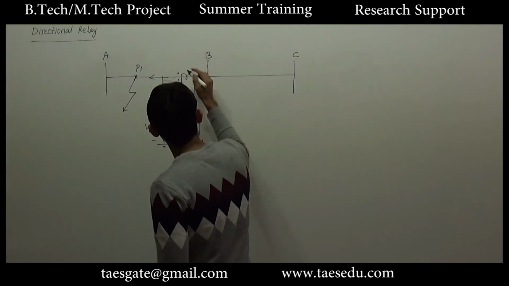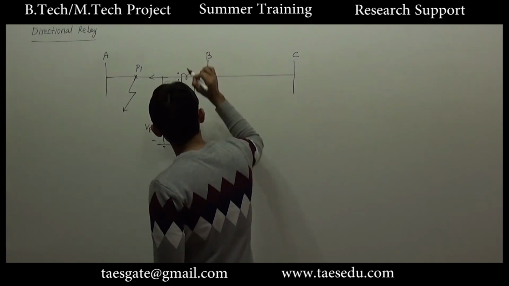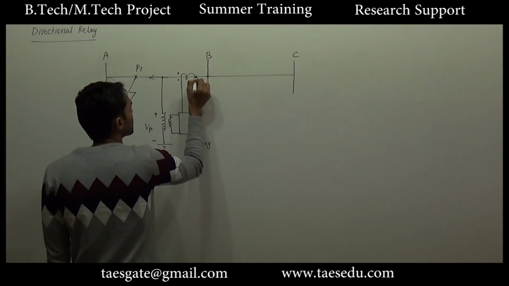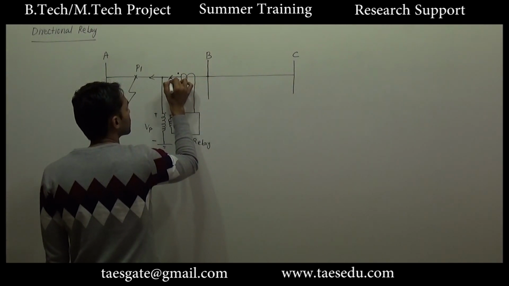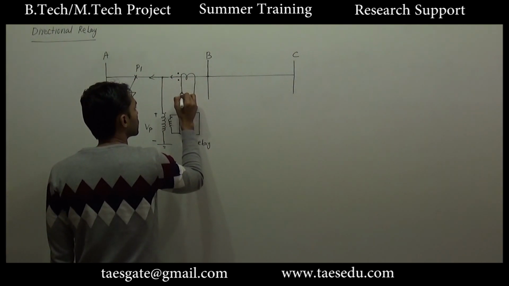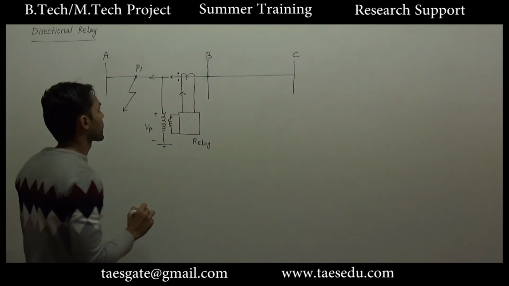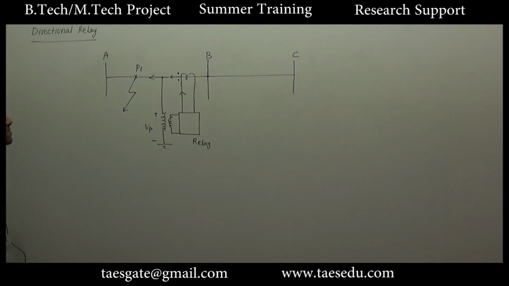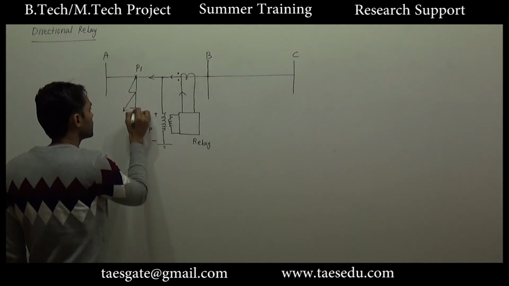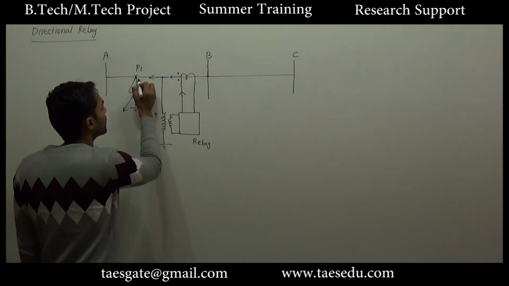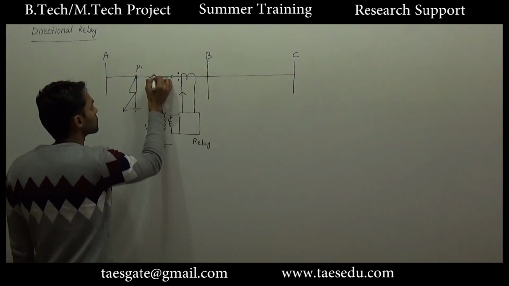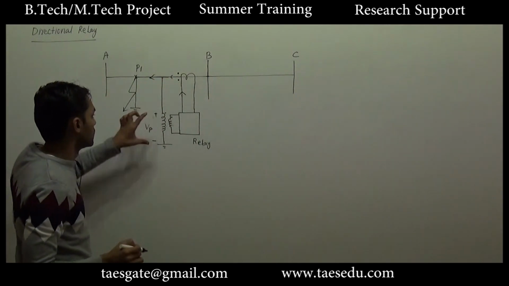For this direction of current, accordingly a current will be induced in the current transformer. Since in the main line current is leaving from the dot, using transformer action a current will enter into the dot. So let's say this is the direction of current, and since there is a fault here, this part will be short circuited, and the feeder or the line is mostly reactive, so the current will approximately lag this voltage by 90 degrees.